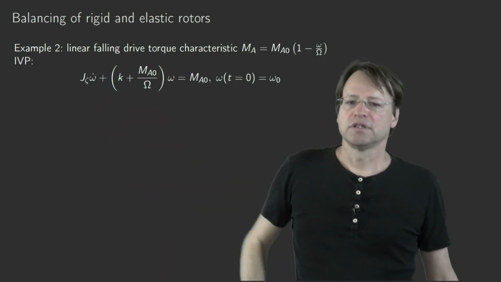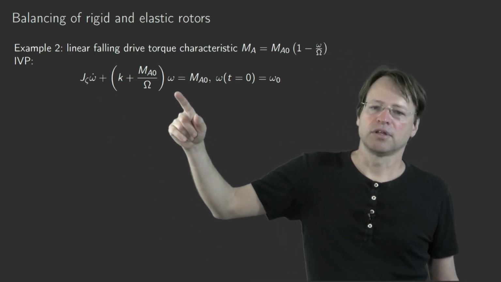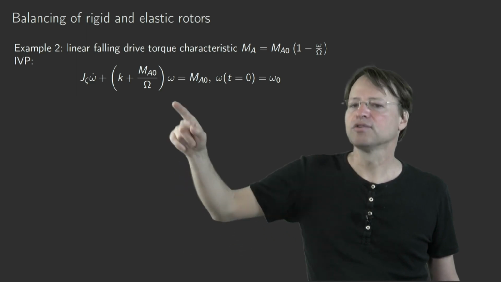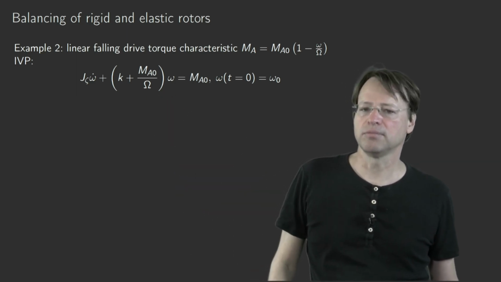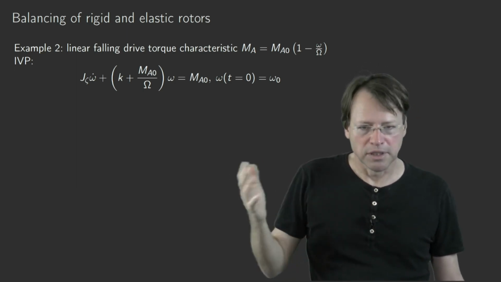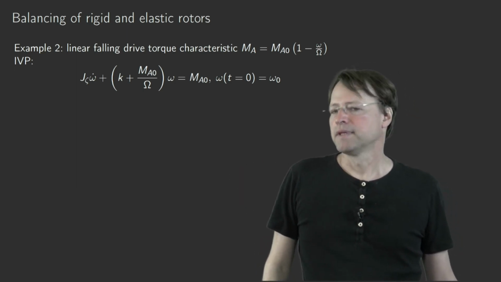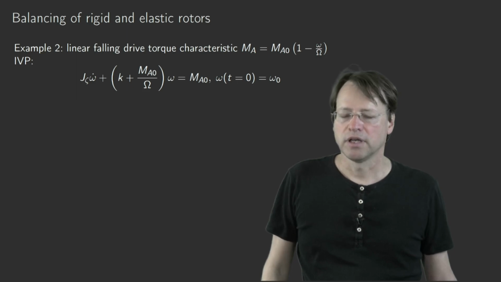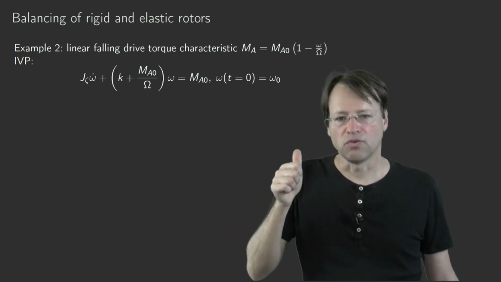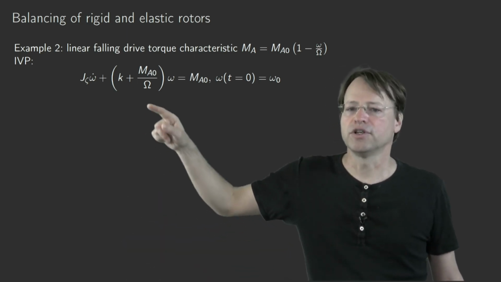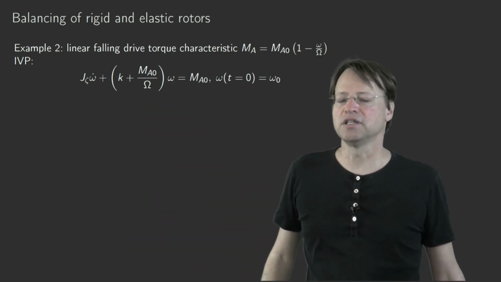The first order term is still the same, but the term that is proportional to omega now has a different coefficient, k plus m a naught divided by capital omega. But for the mathematician, there's no difference. It's still a linear ordinary differential equation of first order, and the coefficients are still constant, still independent of time.